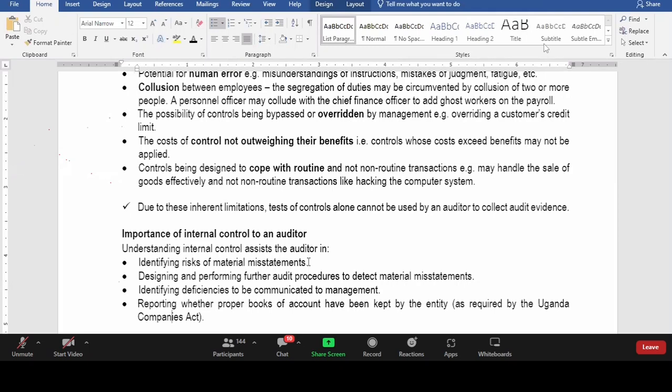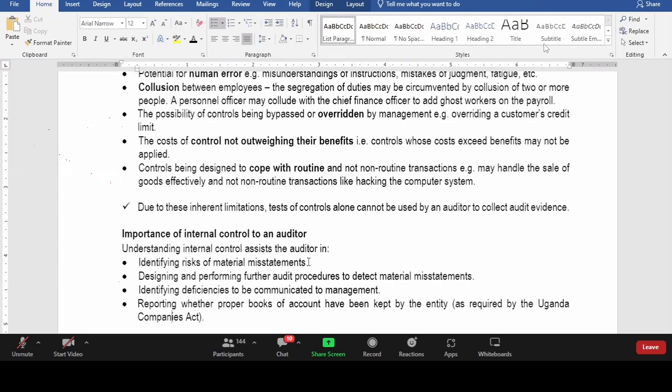As we assess internal control, we identify deficiencies. These are weaknesses to be communicated to management. By looking at the system, it helps us report whether proper books of account have been kept by the entity. Our Companies Act requires the auditor to mention this in the auditor's report.